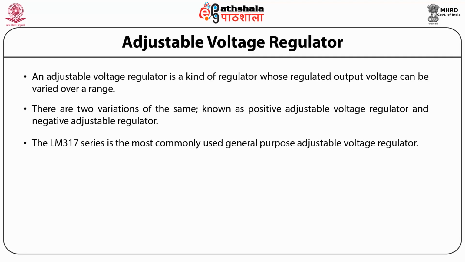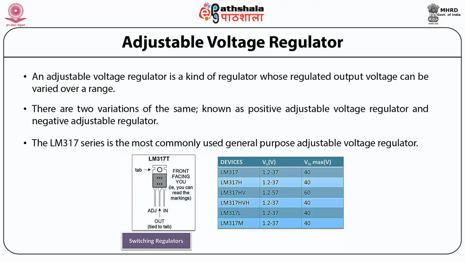The LM317 series is the most commonly used general purpose adjustable voltage regulator, which is shown in this figure, and this table shows the various devices of the LM317 series and the corresponding output and input voltages.